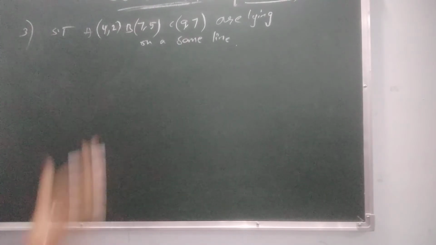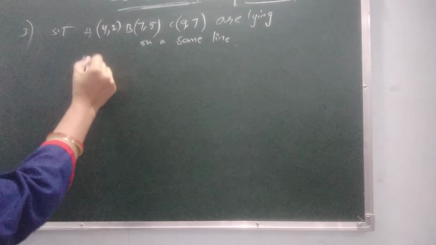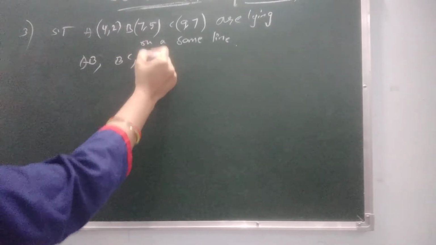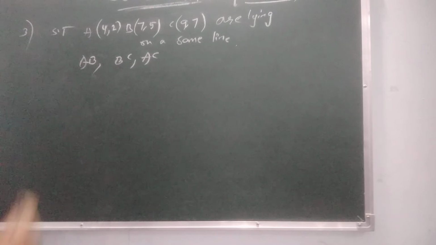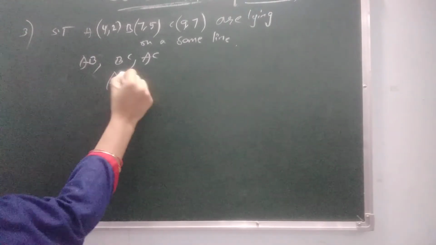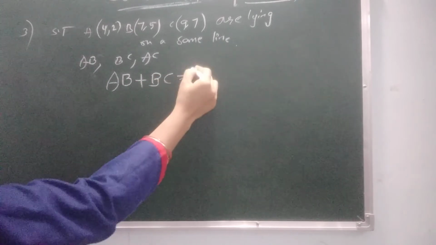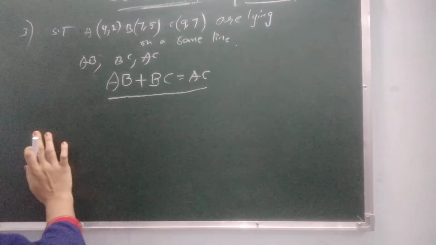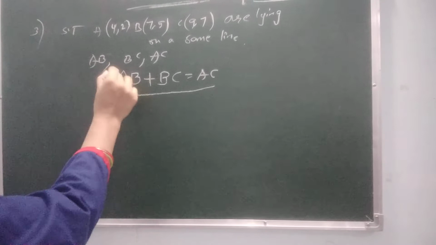Let us find the distances: first AB distance, next BC distance, and next AC distance, by using the distance formula. Okay, by using the distance formula, if you show AB plus BC equal to AC, then these 3 points lie on a straight line.